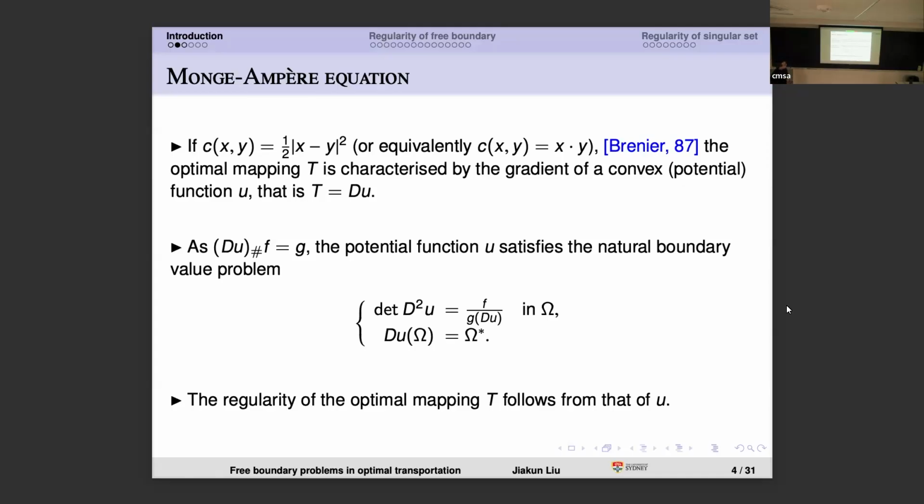And associated with this PDE, we have the boundary condition, that is, DU(Ω) = Ω*, because DU is a mapping. So you map everything from Ω to Ω*, okay? And therefore, studying the regularity of the optimal mapping T is equivalent to the regularity of the solution to this kind of boundary value problem, okay? So once you have regularity of the function U, certainly you have regularity of the optimal mapping T.